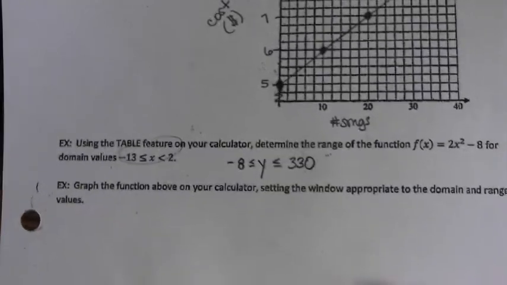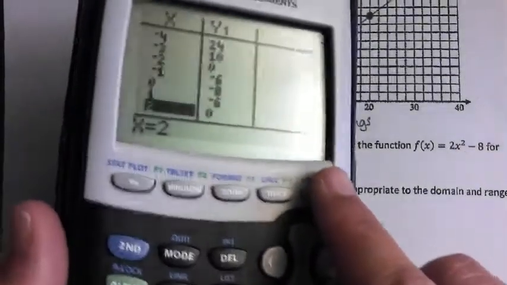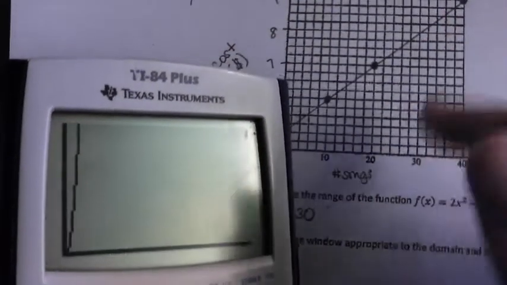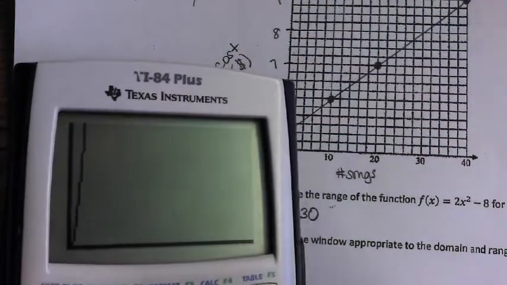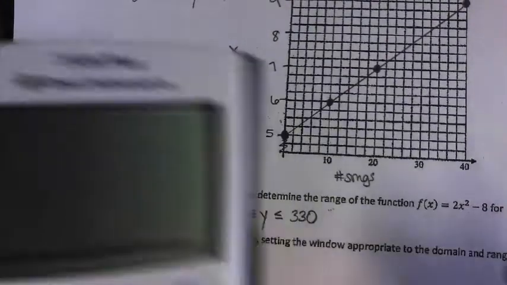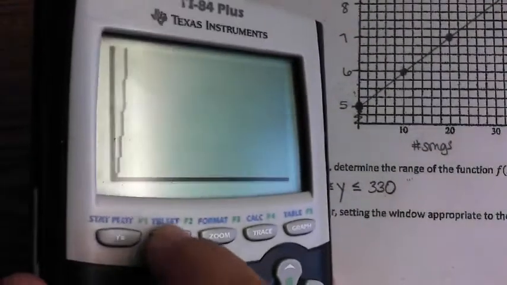And then graph this on your calculator. So we think graph is real easy, but just like with our manual graph here, we have to set the stage. We have to set the domain and range in the window appropriate to hit the numbers we're looking at. So just based on your domain and range, go to Window.